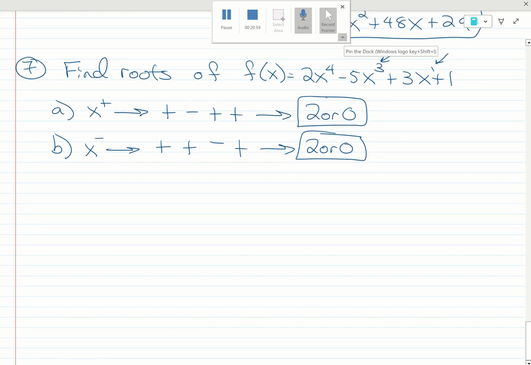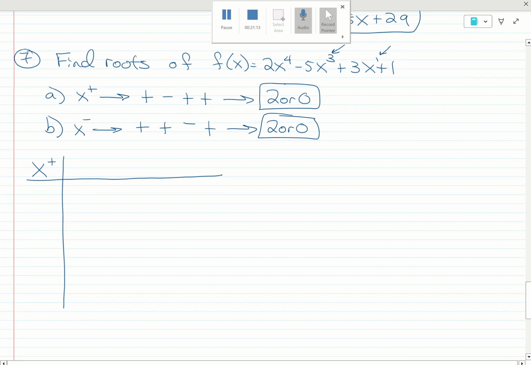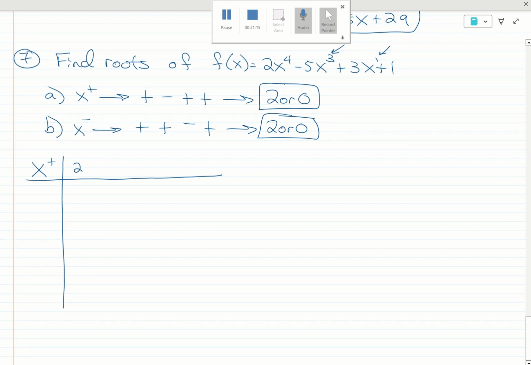And then when we go ahead and do this, just keep in mind that with any kind of division, if we're missing a term, we have to replace it with 0. So I'll do the positive x roots first. So I'm going to do 2, negative 5, 0, 3, and 1. And let's just go out 5 here until we hit an upper bound.